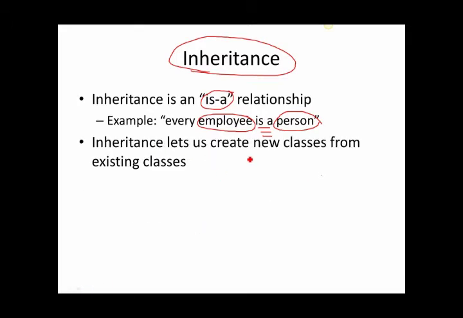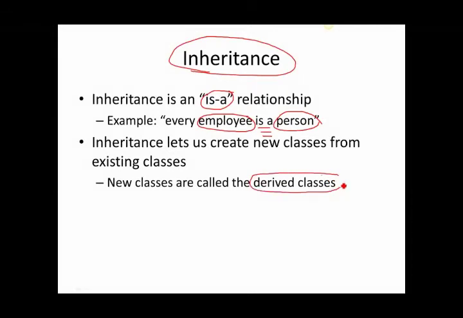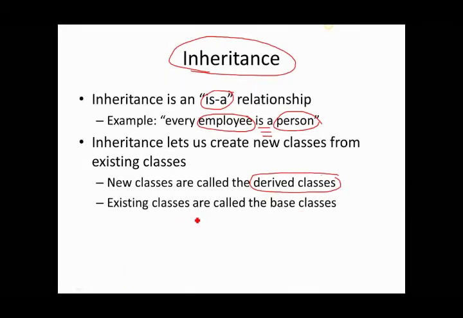So inheritance lets us create new classes from existing classes. That's the beauty of object-oriented programming, being able to reuse code. The new class that we create from the old class is referred to as a derived class. The existing class that we took information from is referred to as a base class.